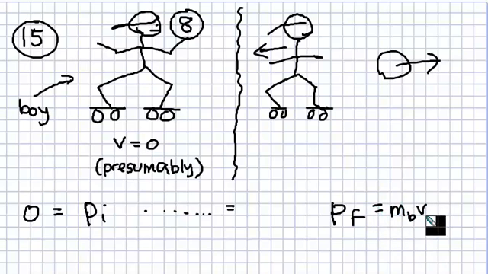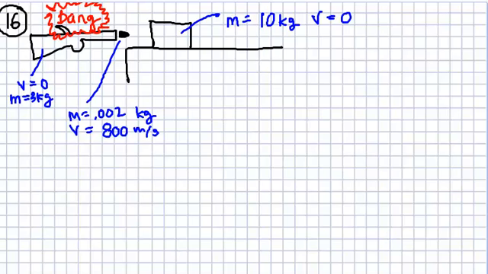One for the mass of the boy times his velocity, and one for the mass of the medicine ball times its velocity. Good luck.